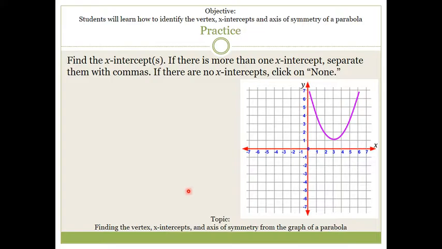Asking yourself, where does it cross the x-axis? In this case, we have 0 x-intercepts, or we say none, because the entire parabola lies above the x-axis. Remember, we'll talk about this a little bit later, that would be indicated by the discriminant as a negative number in the quadratic formula.